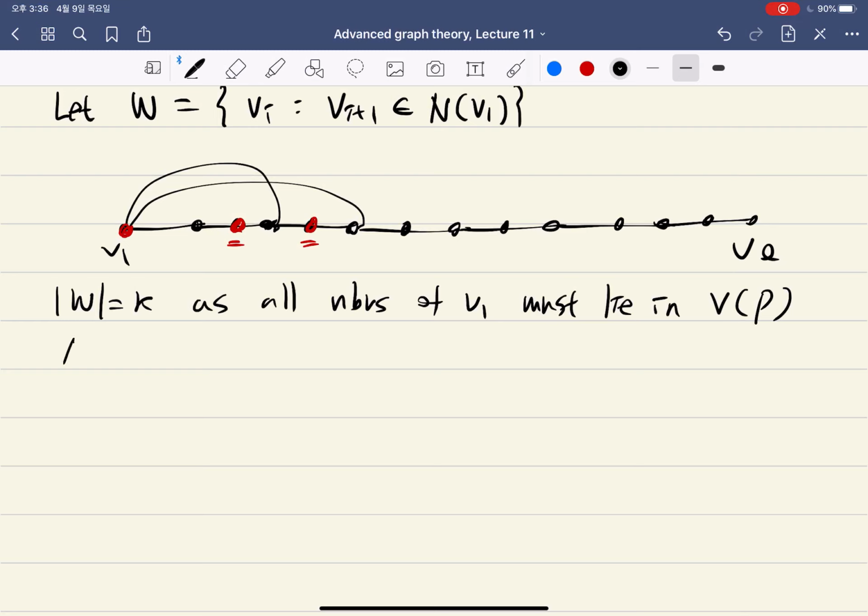Also, as the circumference of G is at most S, we have that this W lies in the first S vertices. Otherwise, we get a longer cycle.